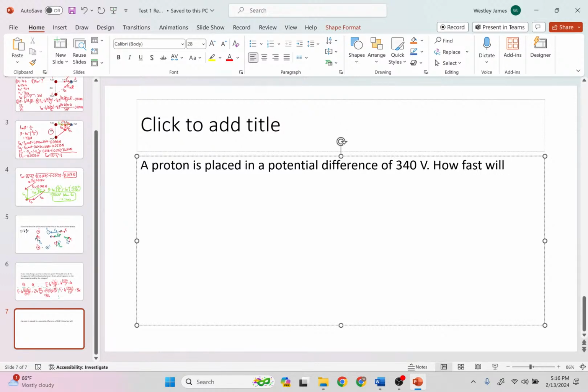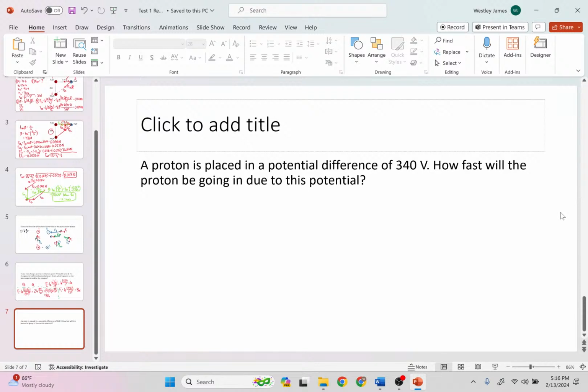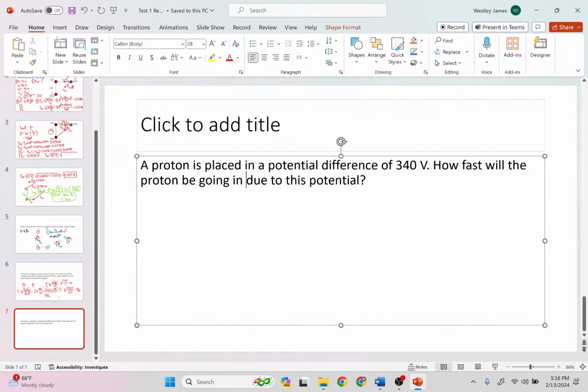How fast will this proton be going due to this potential? And you know what? We're going to do a twofer here. So a proton is placed in a potential difference of 340 volts. How fast will the proton be going due to this potential after traveling through? Let's use better terminology.